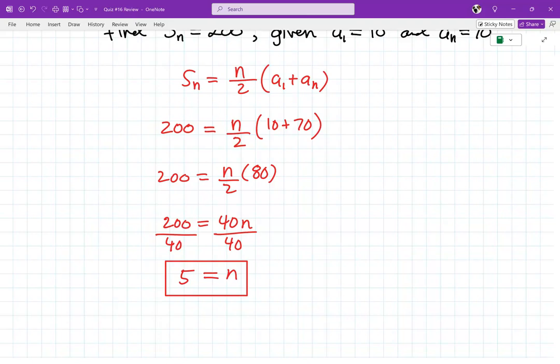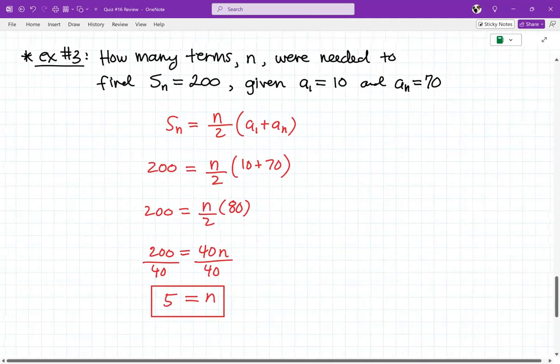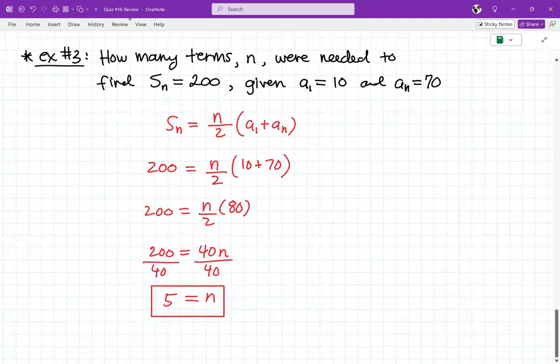So this is what your quiz is on tomorrow, guys. It's mostly using formulas. For the most part, you're using formulas. Every once in a while, you might have to figure out what the first term is and the last term and stuff like that. But for the most part, everything is formula based. Look at every single example.